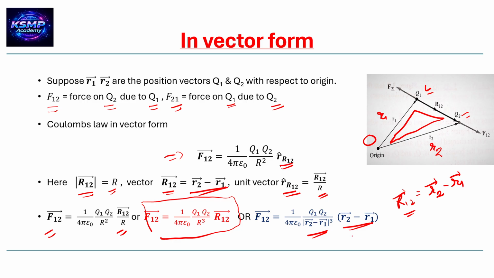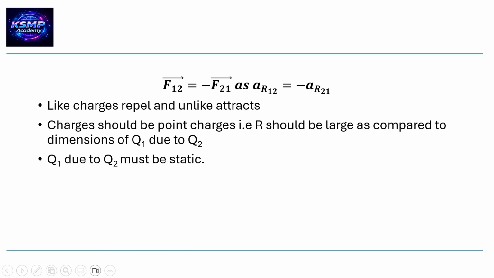So either we use first form, or second one, or third. All these are the vector form of the Coulomb's law. So this is giving us the magnitude and direction both. We can find the direction and magnitude both of the force exerted from one charge to another charge.